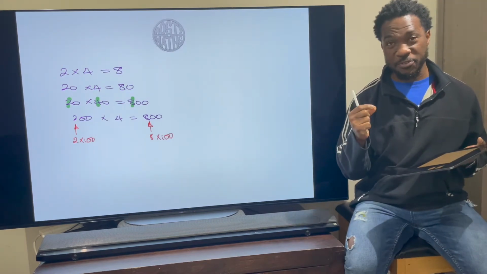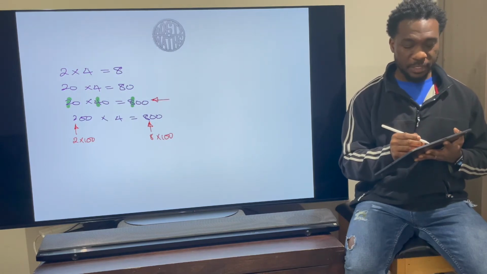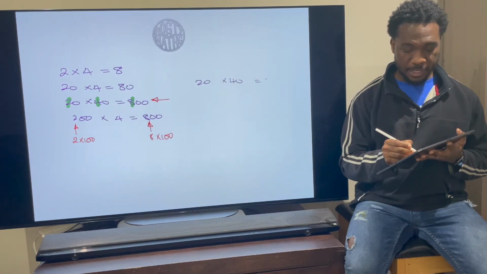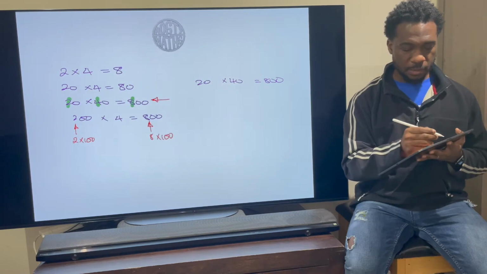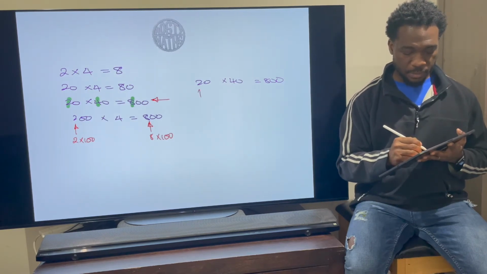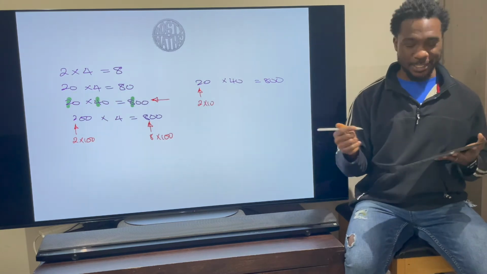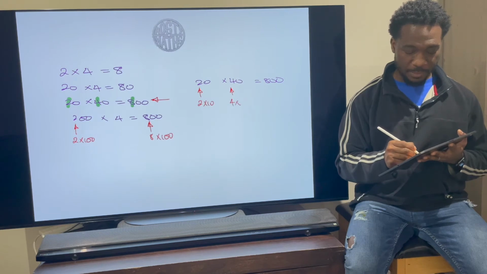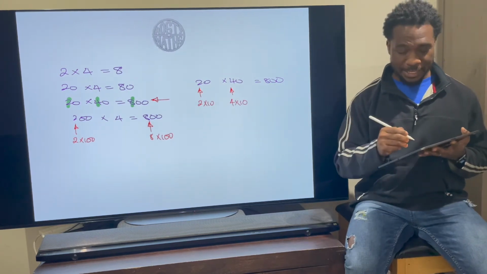Pretty nifty, right? Okay, let's go back to this example that I did here. On that example, I said that 20 times 40 is equal to 800. Spreading it out a little bit here. Well, this used to be my 2, but it got multiplied by 10. That's why it's 20. And then this used to be my 4, and that got multiplied by 10 as well. That's why it became 40. So what happened to my 8 then?